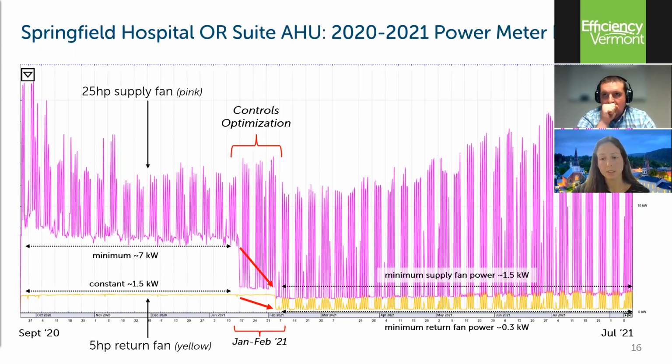After that, you can see the significant drop in the base supply fan power from that original 7 kW down to 1.5 kW. And the minimum return fan power dropped from 1.5 kW on the left to about 300 watts on the right.